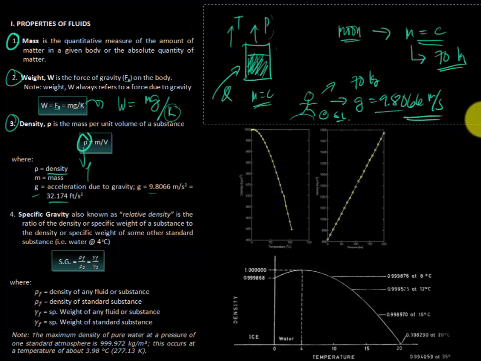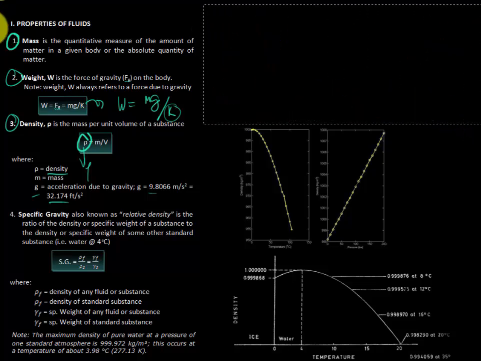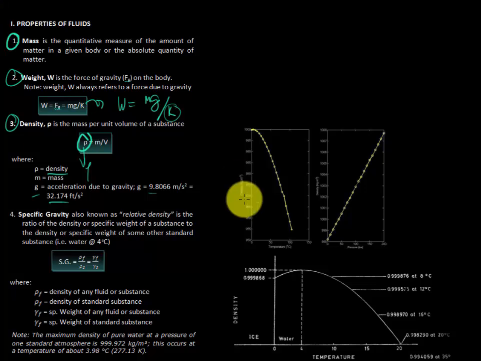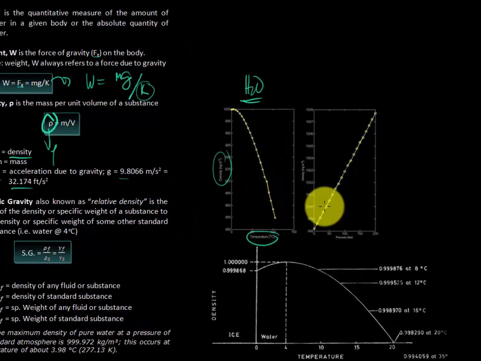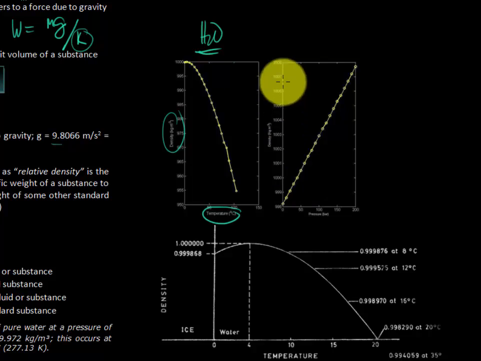So for fluids, let's discuss this further. Take note that the density is dependent on the temperature. Here I have a simple illustration. In the vertical axis, I have the density of water, H2O, and in the horizontal axis I have the temperature. On this side I have again the density and then the pressure.